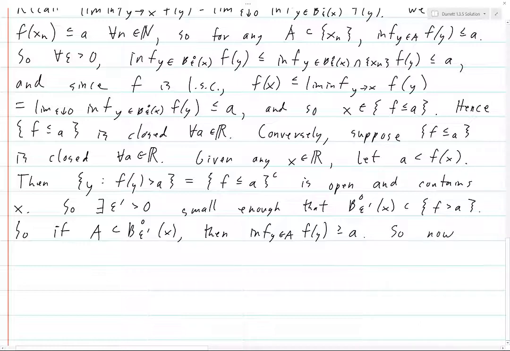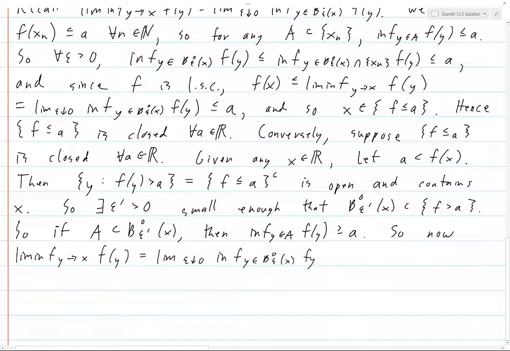So now, what we have is the lim inf as y goes to x of f of y is the limit as epsilon decreases to 0 of the infimum over all y in the ball of radius epsilon of x of f of y.